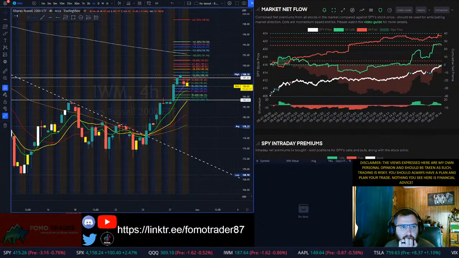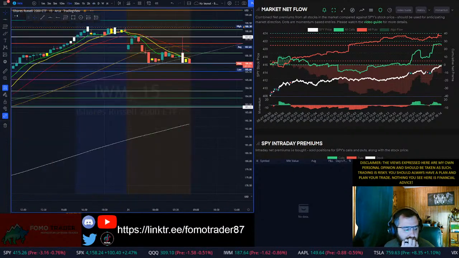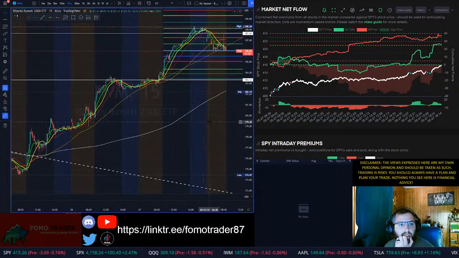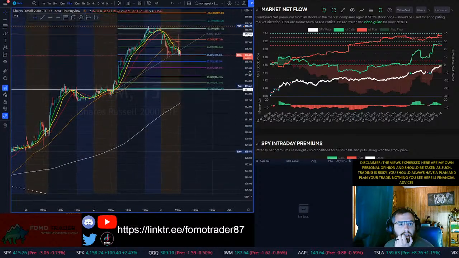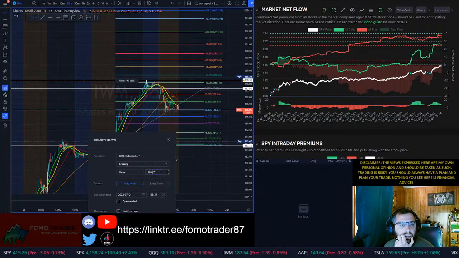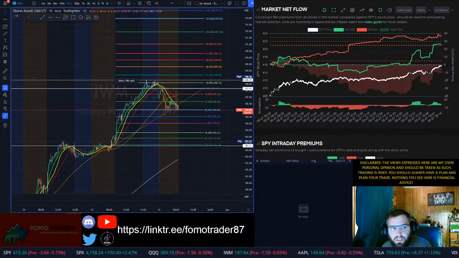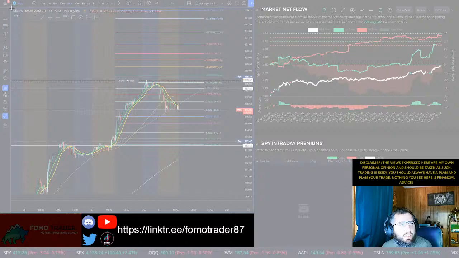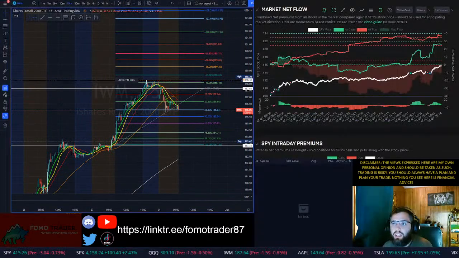I'm going to go ahead and set that up and send you guys these levels. So we're looking for a break here. Let's change this to 188.30. Massive upside potential. So above 188.30, 190 calls.